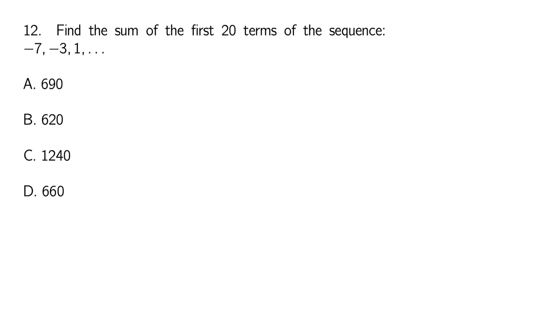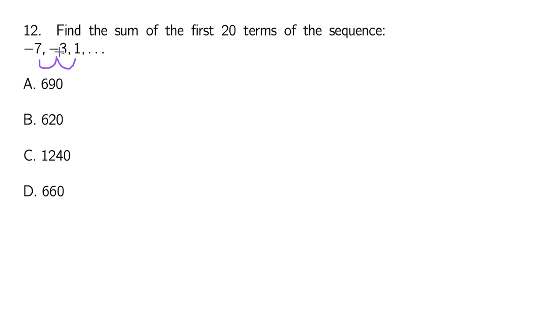Alright. In the next question, we're asked to find the sum of the first 20 terms of the sequence -7, -3, 1, and it goes on and on. Now, we observe that this is an AP, an arithmetic progression, because we can add a constant term to get to the next one.